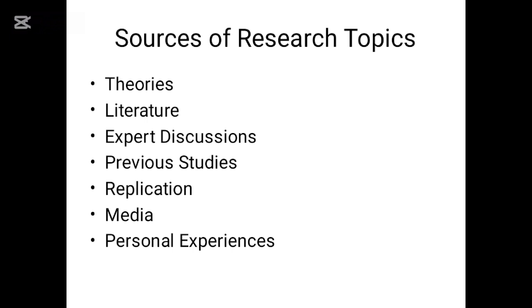And then the existing literature. Reading articles in professional and academic journals and textbooks on the broad area to get a good background of basic information and an insight into various issues that could be studied.